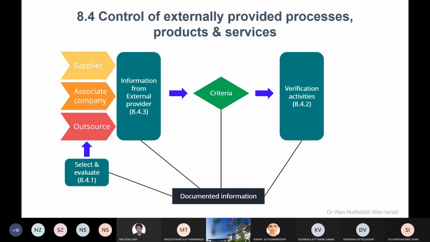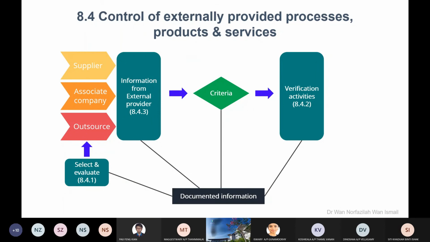Supplier is one of the external providers. It provides you with raw materials and equipment. You buy equipment from a supplier, right? And then we have another one, associate company, and outsource.